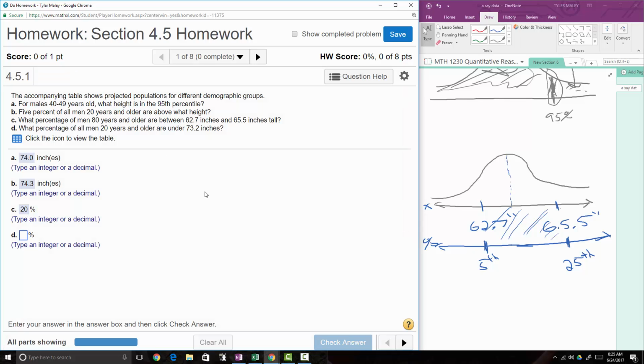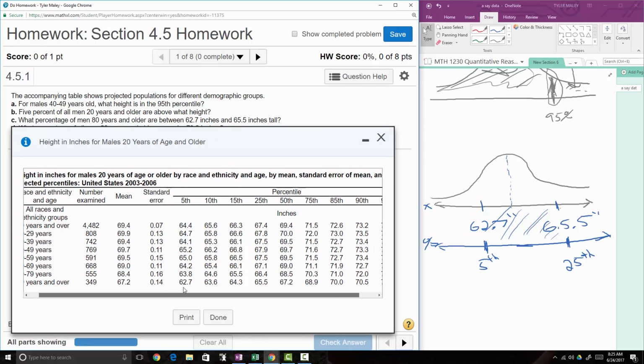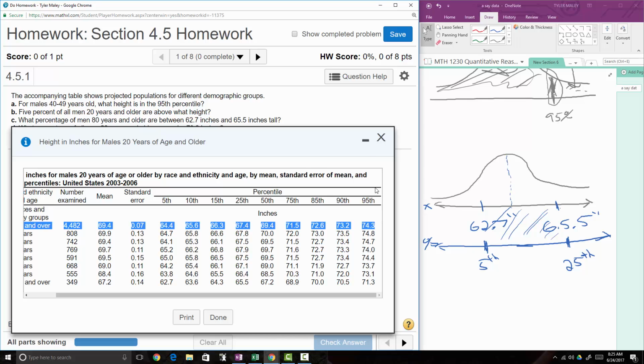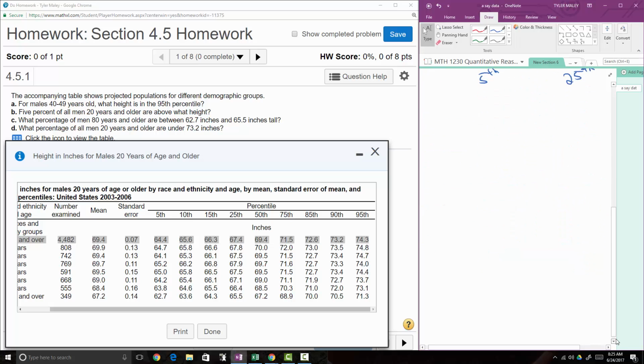Lastly, it asks what percent of all men 20 years and older are under 73.2 inches. We want 20 years and over, so the top row, and we're looking for the number 73.2. Again, I'm going to draw a curve just to keep my mind thinking about percent under the curve.